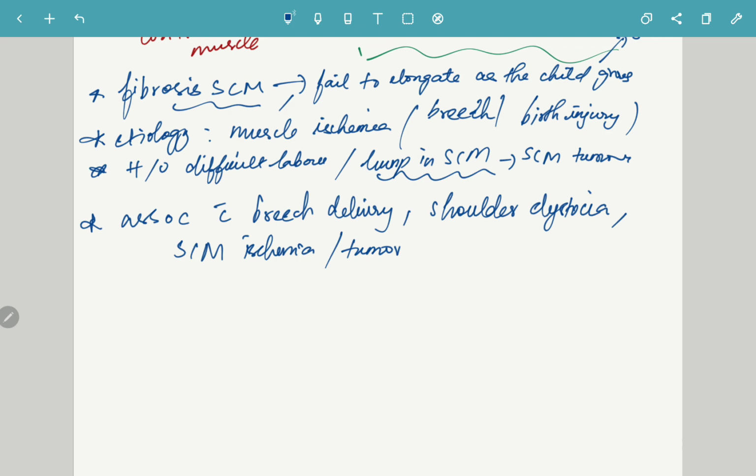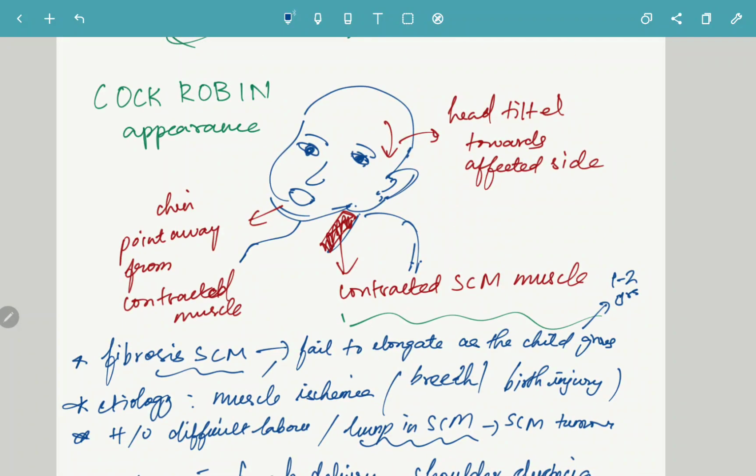The head will be tilted towards the involved sternocleidomastoid muscle, and the chin is rotated towards the contralateral shoulder, therefore producing the cock-robin appearance.